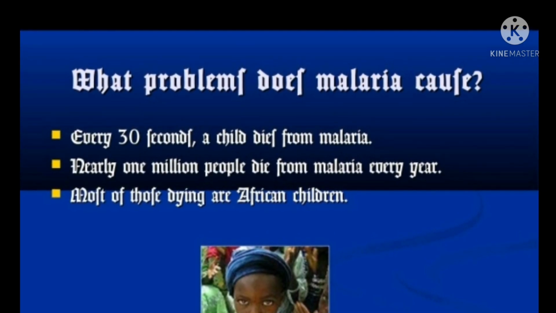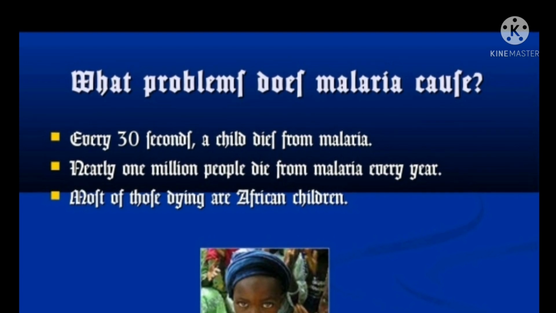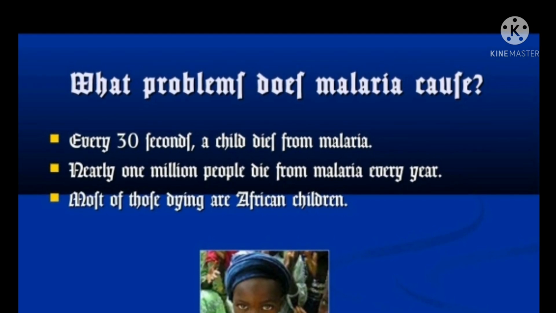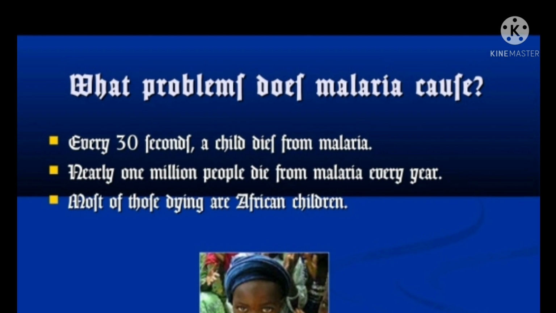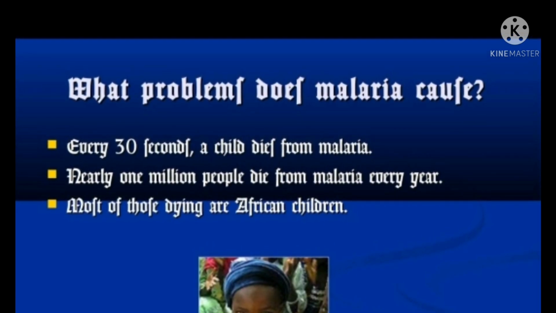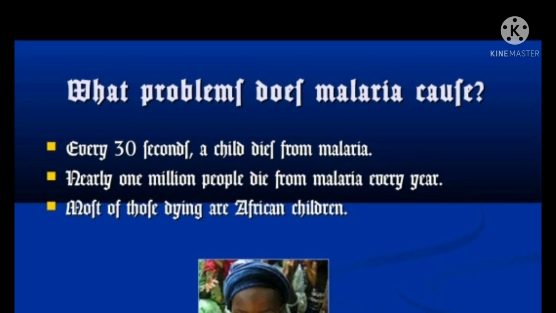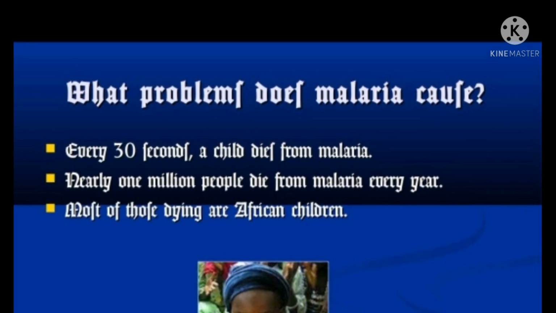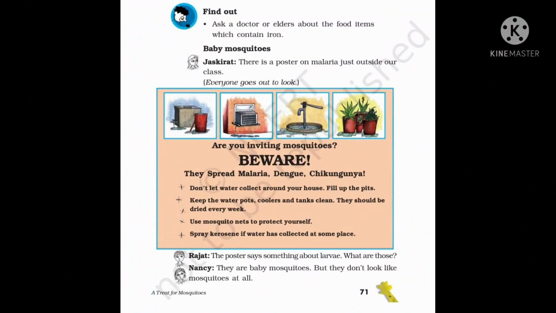Most of them dying are African children. So Africa is a major area where malaria is very common and many children die every year by malaria there.